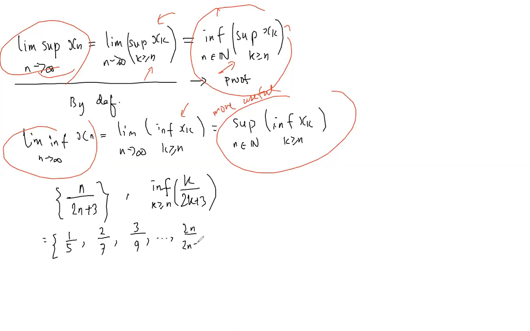Sorry, in terms of n, it is n plus 1 over 2n plus 5, and n plus 2 over 2n plus 7, and so on. So we're only concerned with the tail here.